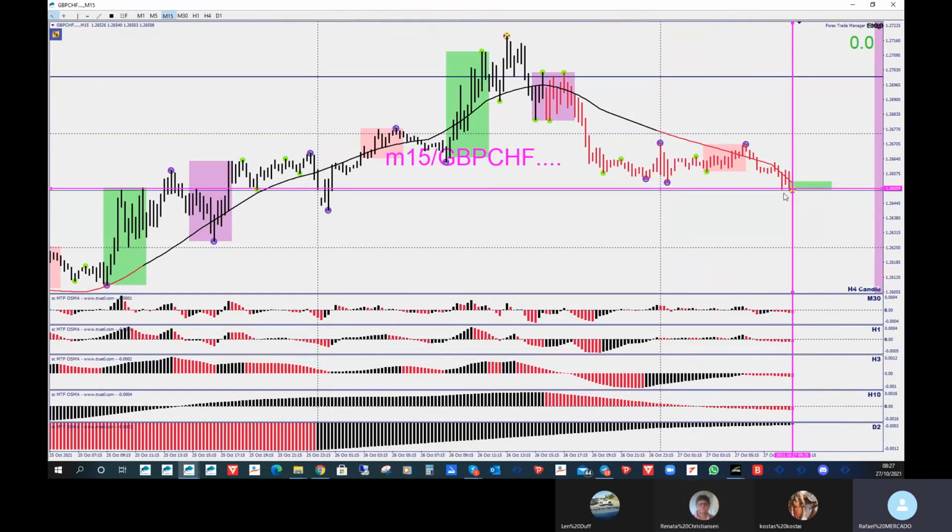Here you see we have the 15 minute 3 ball. My thinking is that at any moment it can reverse before coming down again.